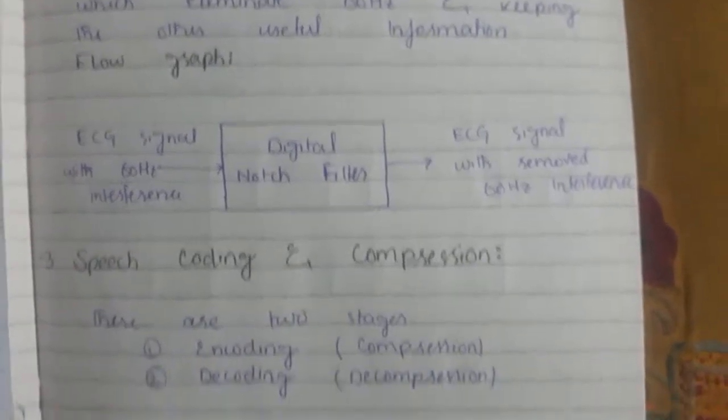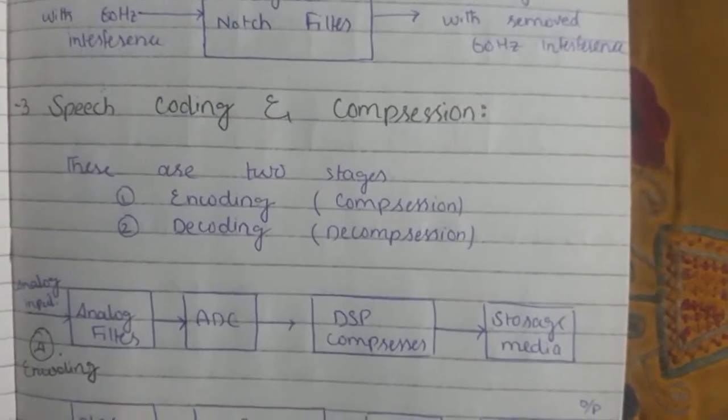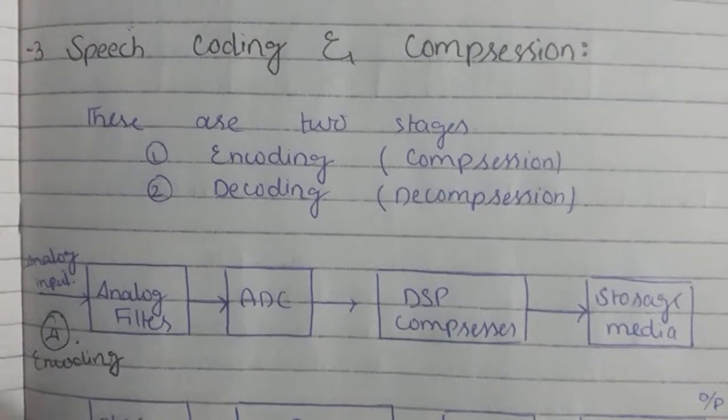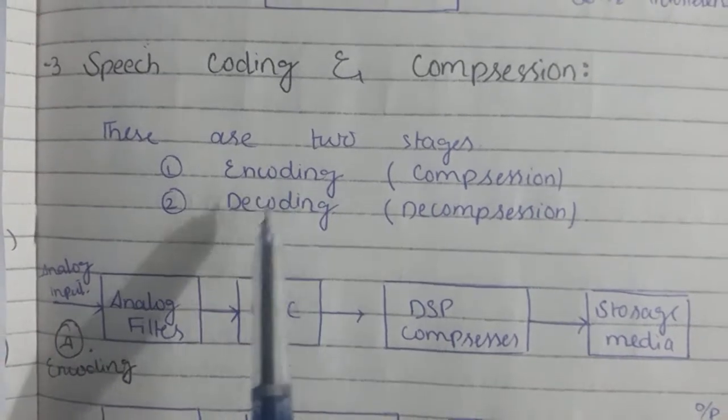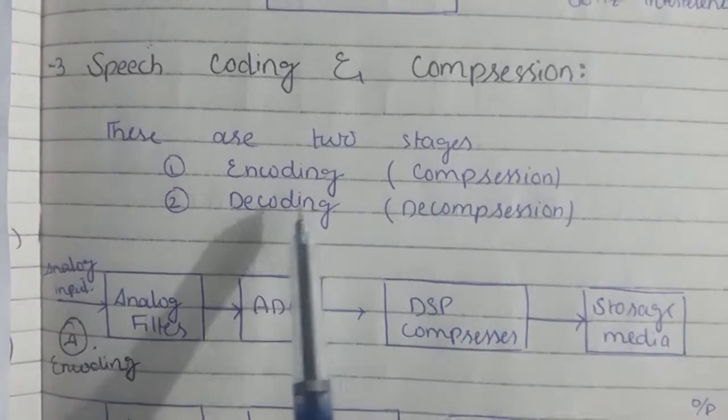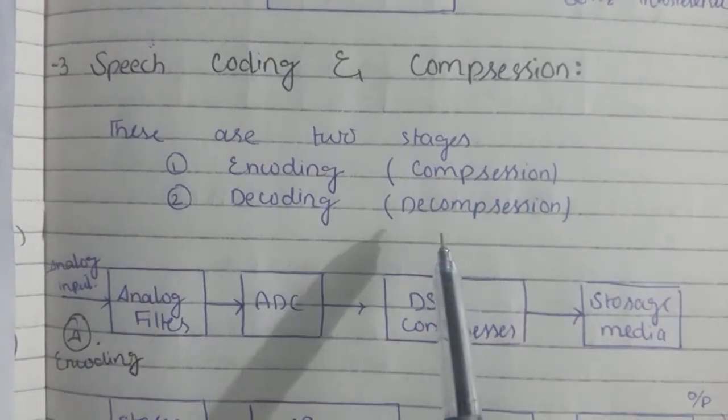The next application is speech coding and compression. It basically has two stages: one is encoding and the other is decoding. In encoding we compress our data, while in decoding we decompress our data.